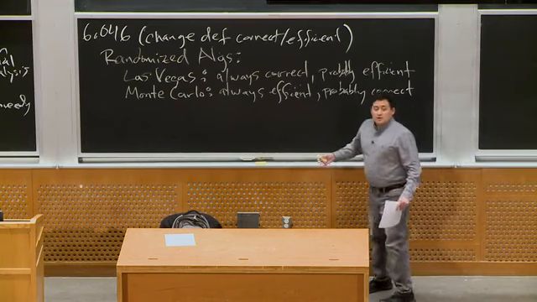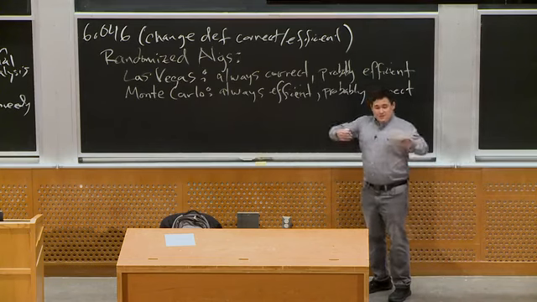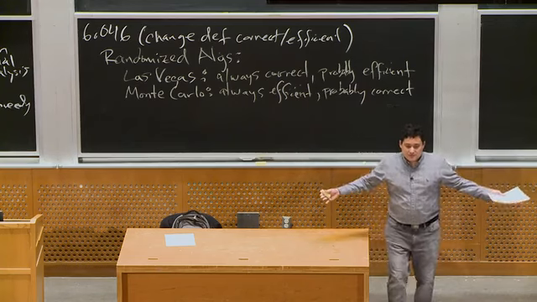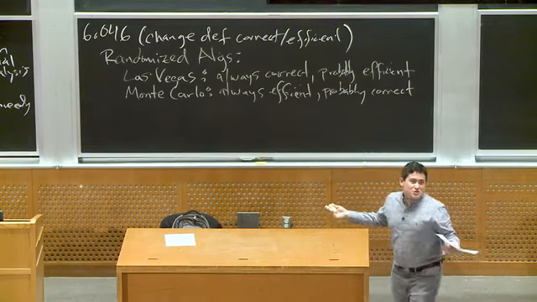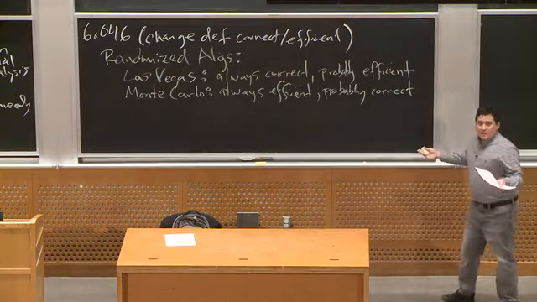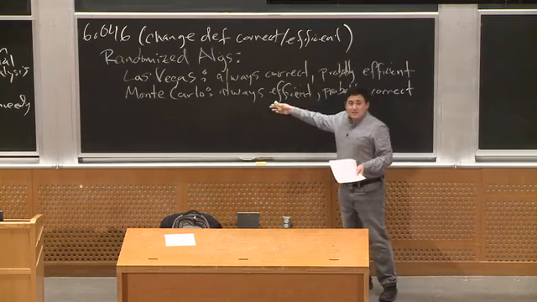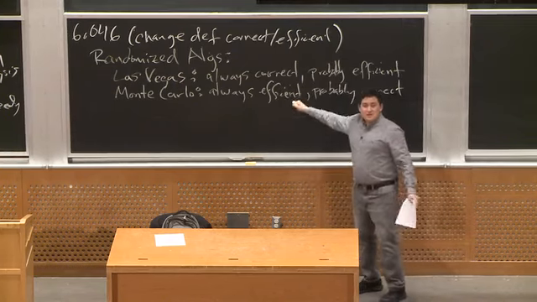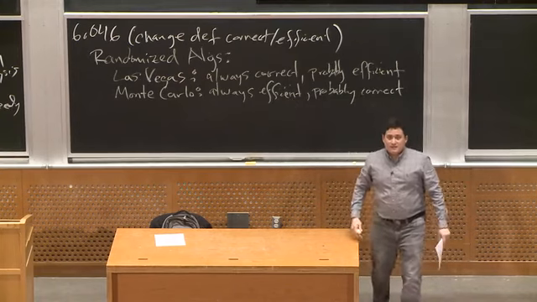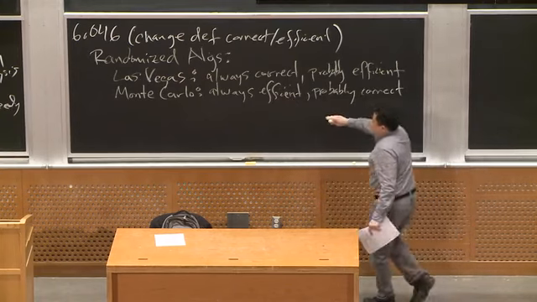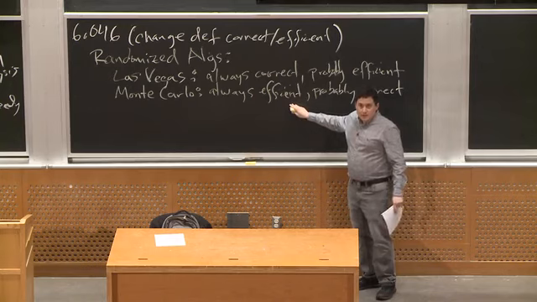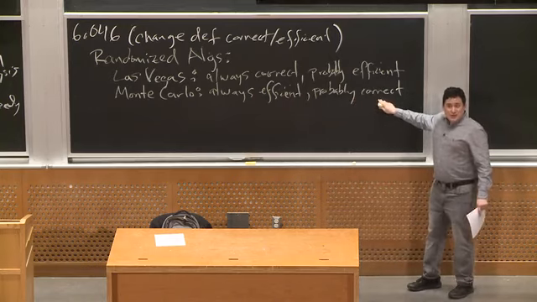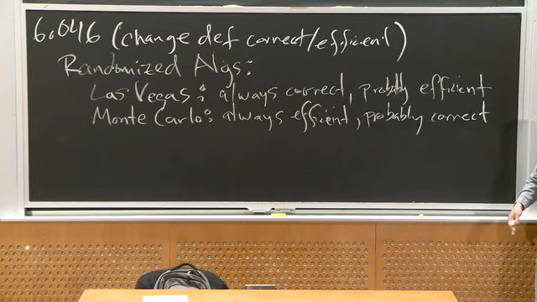Say, for example, it's exactly the same as a hash table, except instead of storing all the things that collide in a place, I just store the first two, say. Well, that's going to be always efficient. I'm going to look through the things and see if it's in there, and the chains I'm storing only have two things. It's always going to give me constant time. But some of the time, it's going to be the wrong thing because I'm not storing everything in that chain, right? So there's some probability that that's not going to be correct.